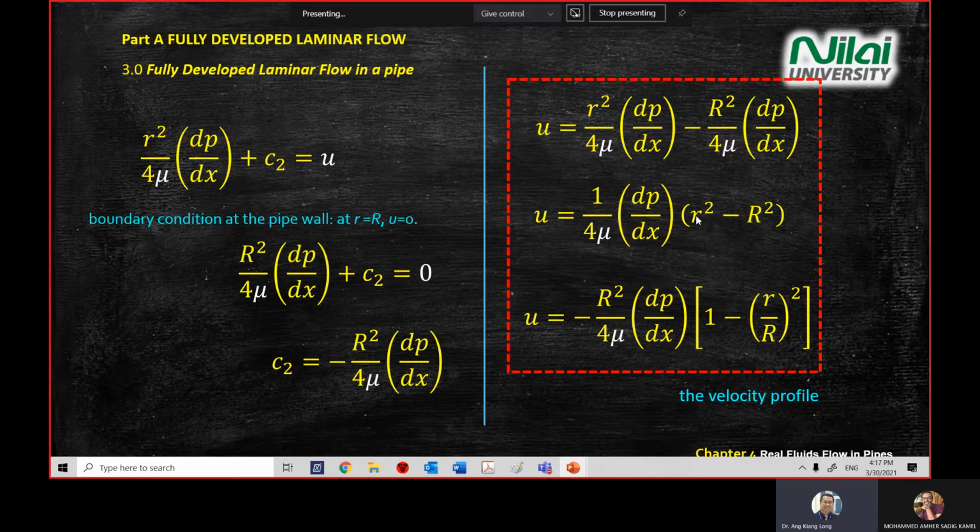If you are given the radius r and the distance from the center, then you use the second one. And normally, if you have the ratio between r and R, then you are free to use the third one. The second and third ones are quite popular compared to the first one. The first one you can still use, but the second and third are simpler in mathematical steps.